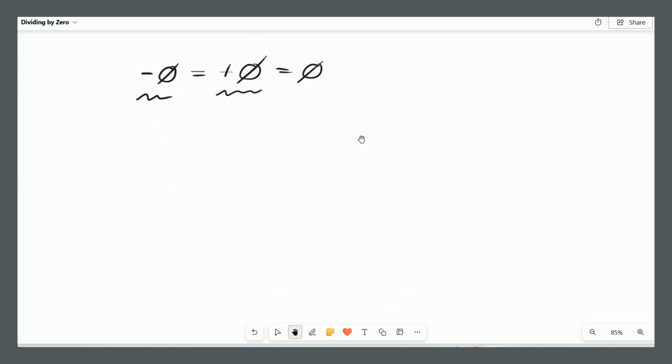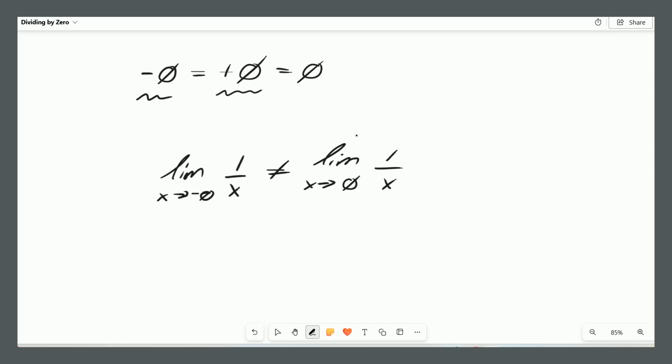Well then, if they're equal to one another, then how is it that dividing by one gives us a different answer than dividing by the other? Right? Because one is equal to negative infinity and the other is equal to positive infinity?